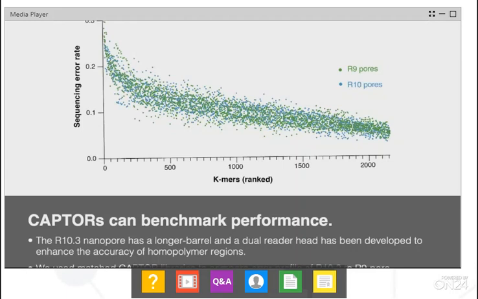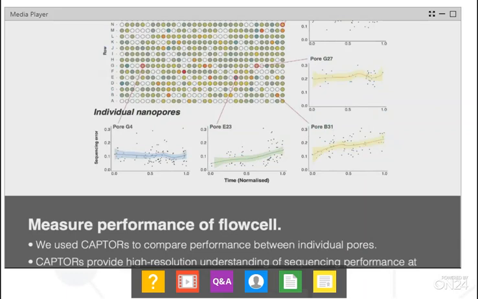Now, given that the CAPTORs are attached to each read, they can also be used to measure the sequencing accuracy at a per read and a per pore level. So this is a schematic figure of the flow cell, and each circle represents a nanopore well with the color reflecting the mean performance across time.